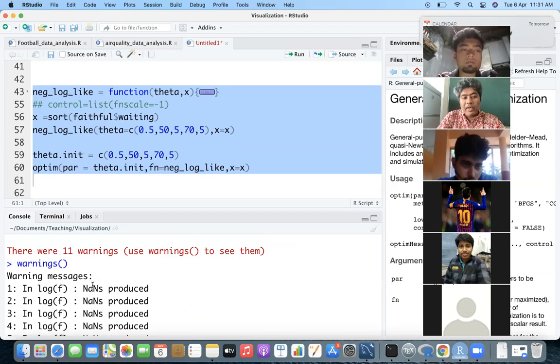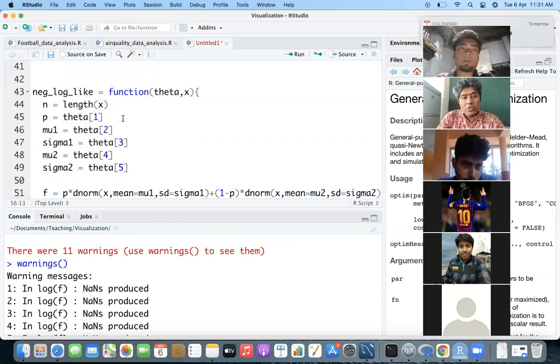It says log f na is produced. Why is log f producing na? Because probably P has explored some distribution or some value which is far from 0, 1 or outside the possible range of 0, 1.